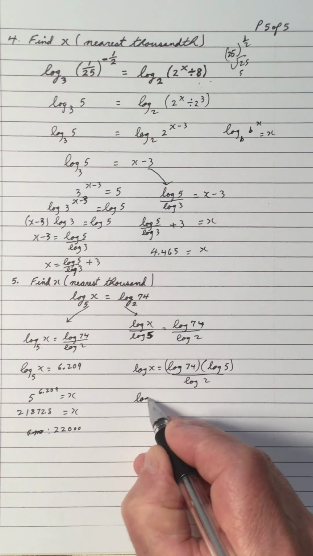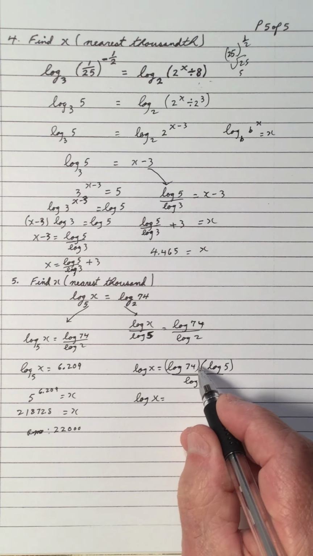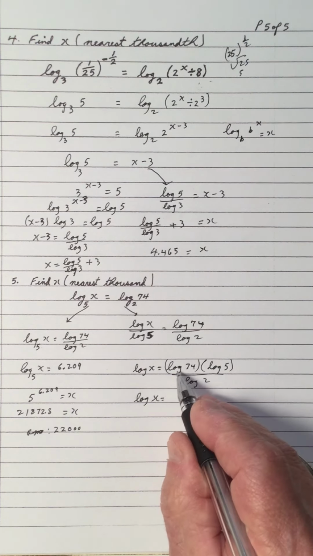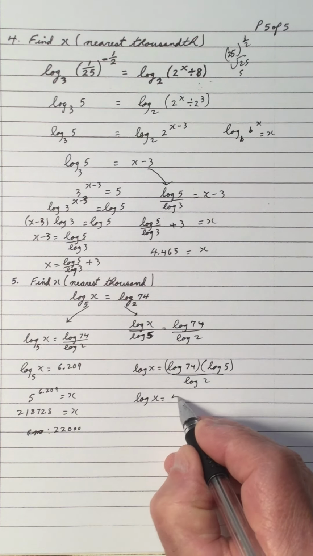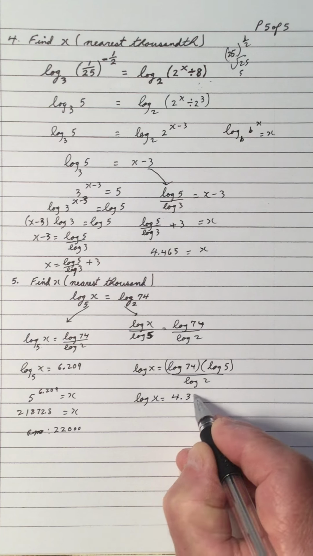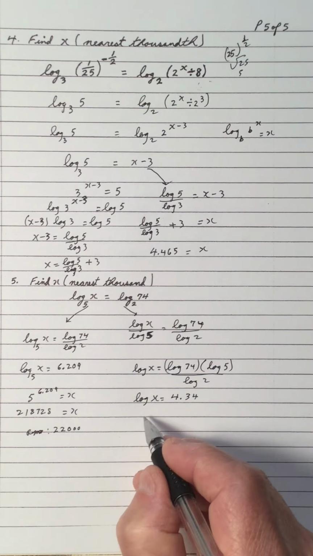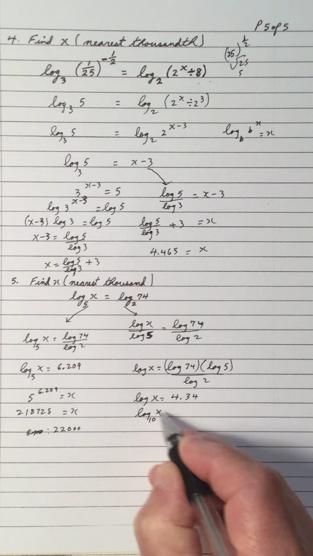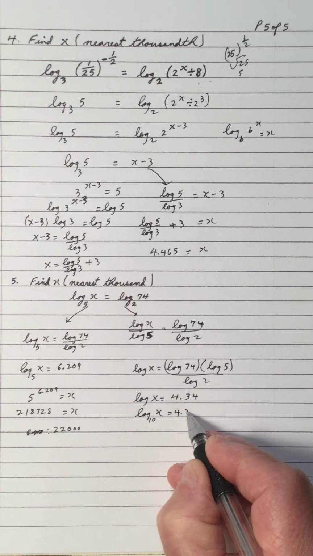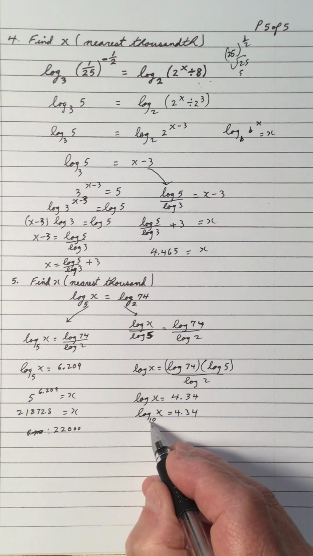So the log of x, when you work this out on the calculator, the log of 74 times the log of 5 divided by log of 2, works out to be 4.340 when you round it off. The base is 10 understood, so the log x is in base 10, so I'm putting the 10 here.